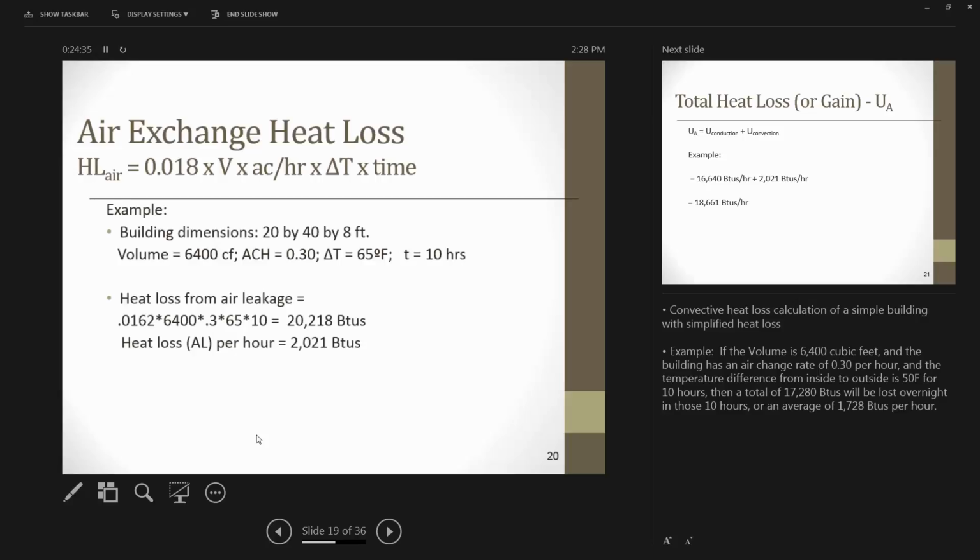We're still at the same volume times 0.1, so you're going to take that all the way down to 650 BTUs per hour just through air sealing.